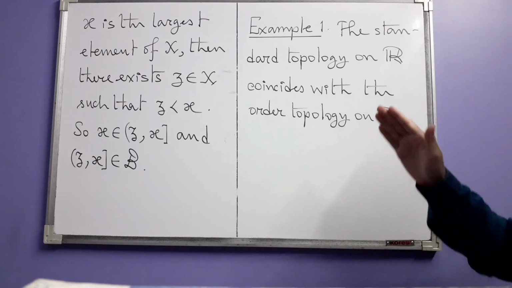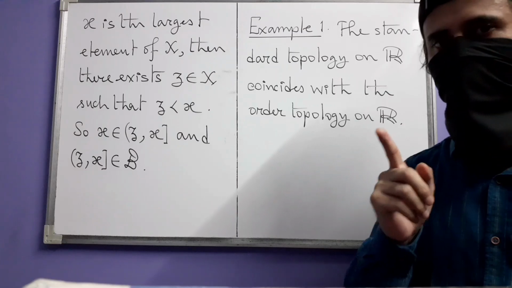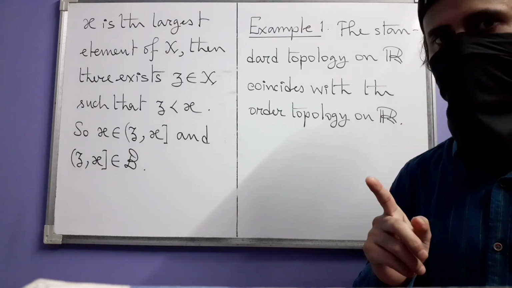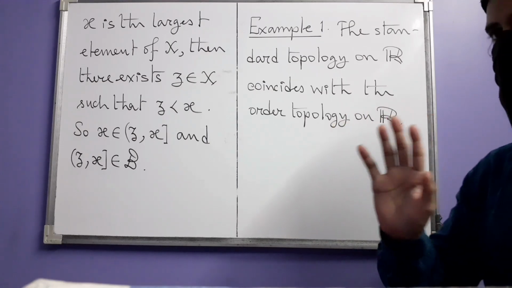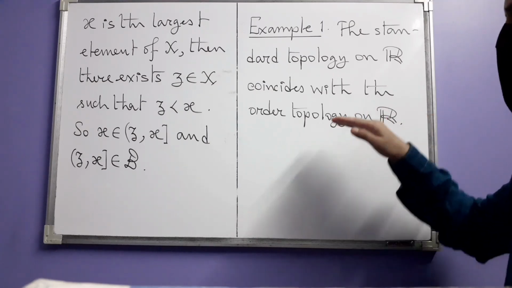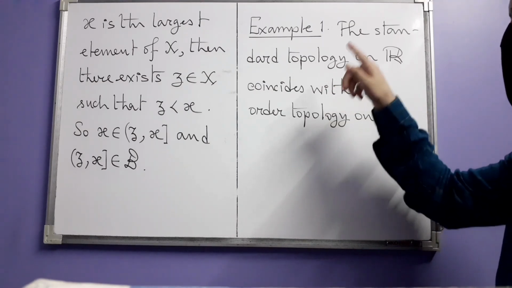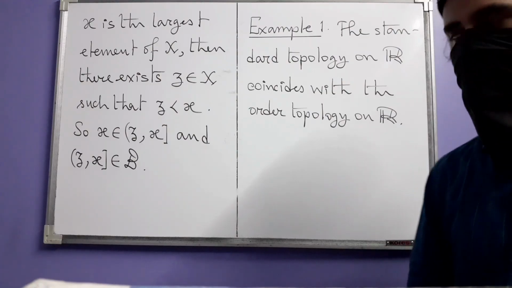However, we already know that that same collection of open intervals also generates the standard topology on R. So here we do not get any new topology on R. The order topology on R coincides with the standard topology on R.